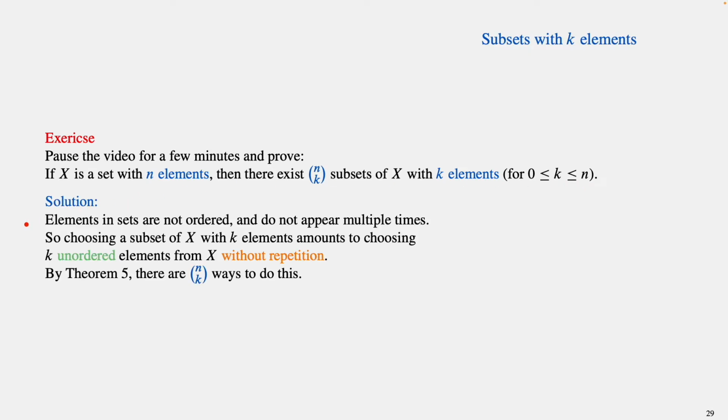Okay, so if you think about it, elements in sets are not ordered and do not appear multiple times. So choosing a subset of X with k elements amounts to choosing k unordered elements from X without repetition. And by our theorem 5, these are n over k possible subsets that we obtain by doing this.